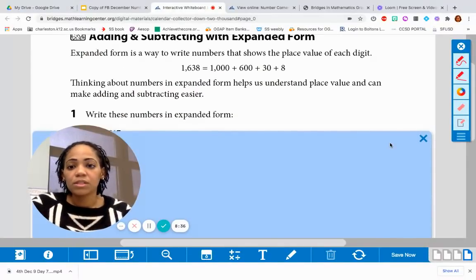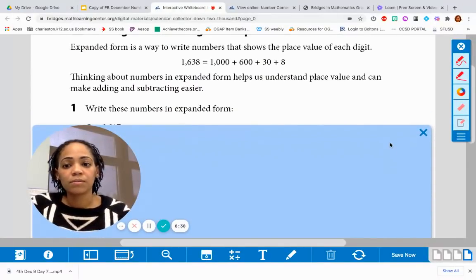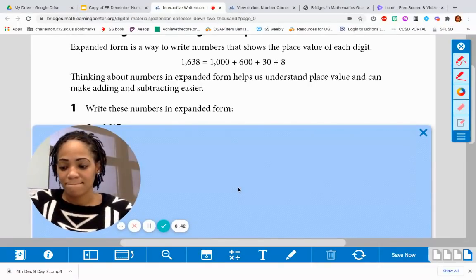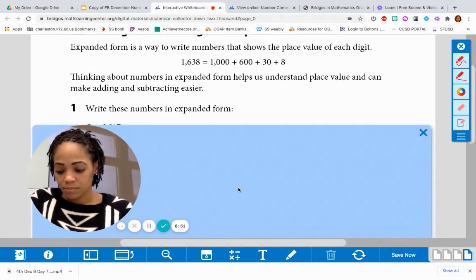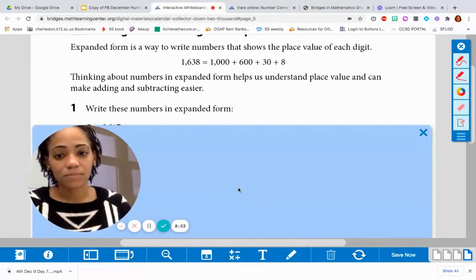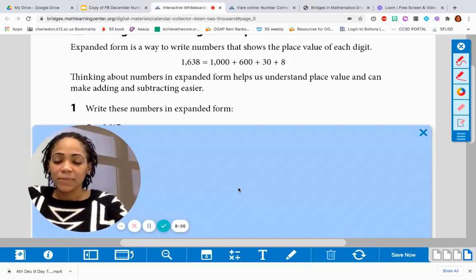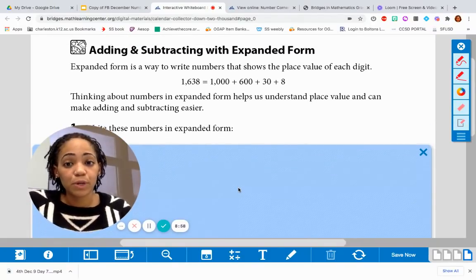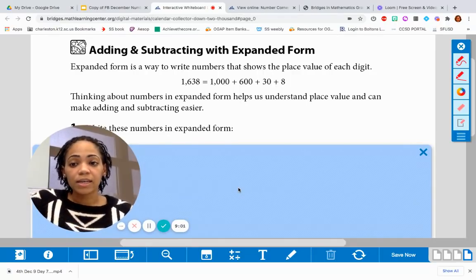So I'll give you a moment to do so. All right, so we're going to talk about expanded form, and we're going to work through this worksheet together, okay?